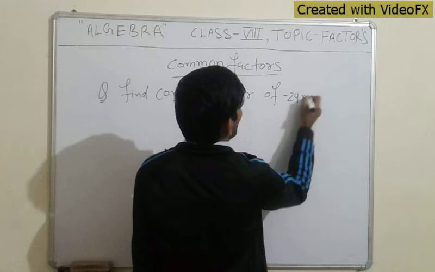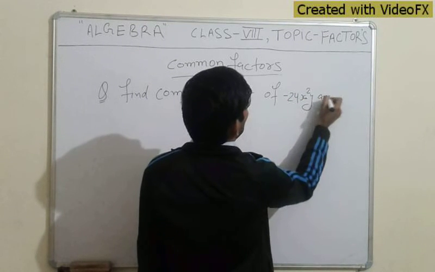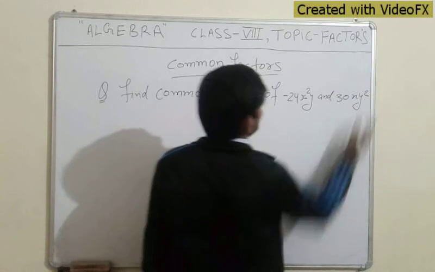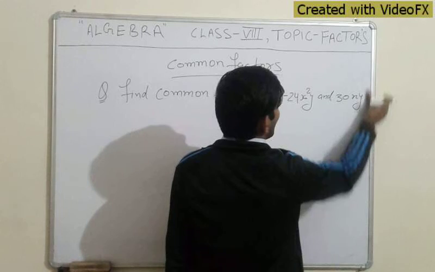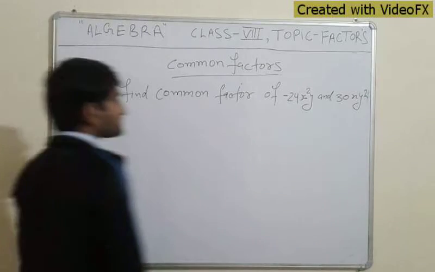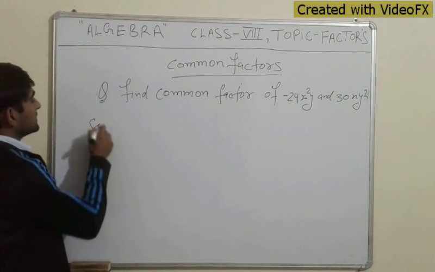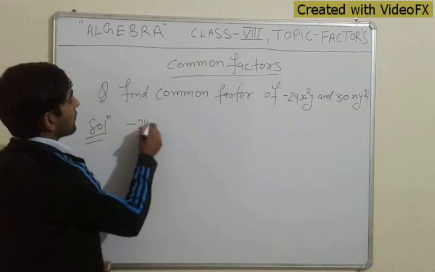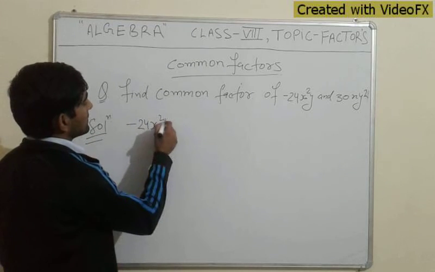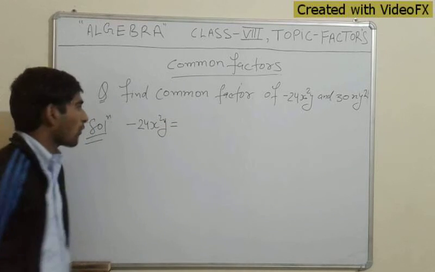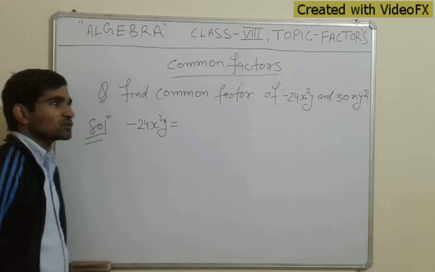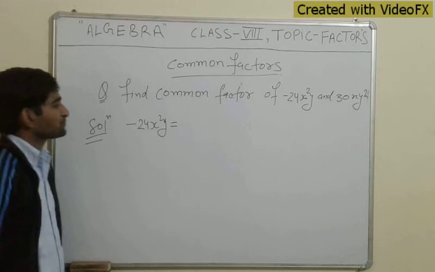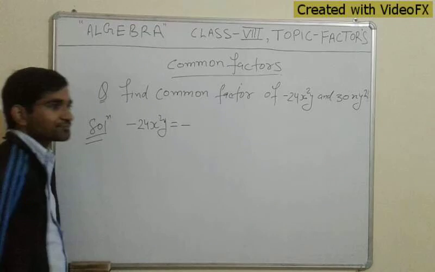Minus 24x square y and 30xy square. So solution, first minus 24x square y. 2 2 is 4, 4 3 is 12 and 12 2 is 24, minus.